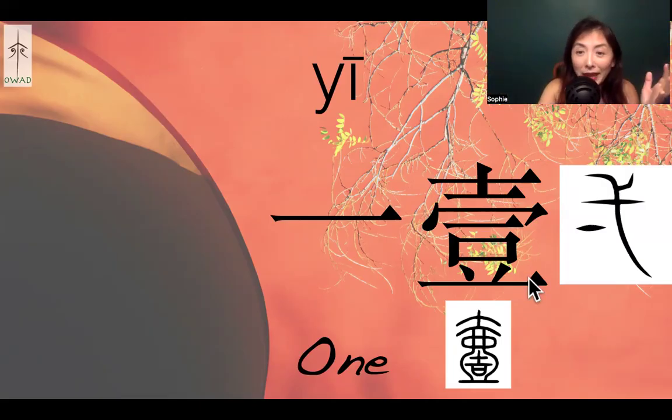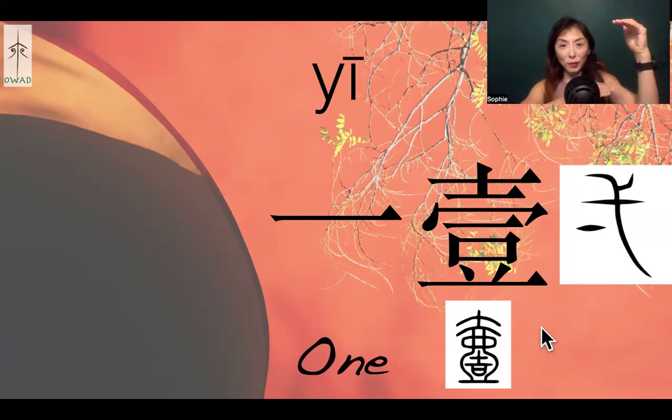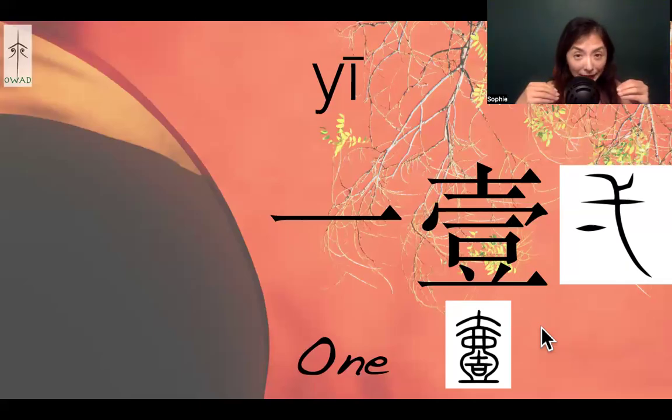But then what's this character that's so complicated that also means one? Well, that is the capitalized yi. That's the Chinese way of capitalization. So instead of an alphabet, we literally make something look bigger. Chinese capitalization makes it complicated.